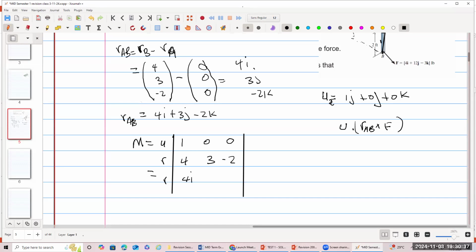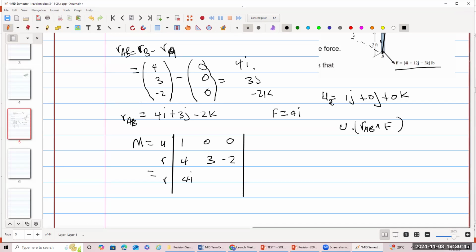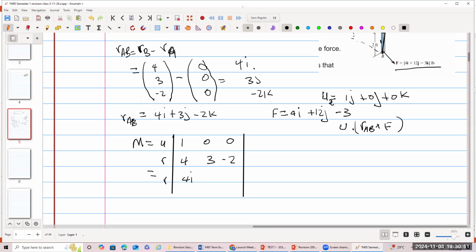Everybody remember the force over here? See there? So the force F is equal to 4i plus 12j minus 3k, and all that was in pounds. So let's go. We're doing one of them, and you guys can work the others.